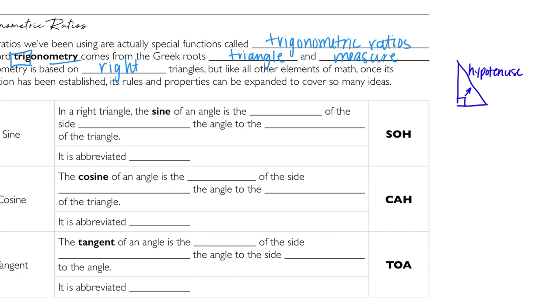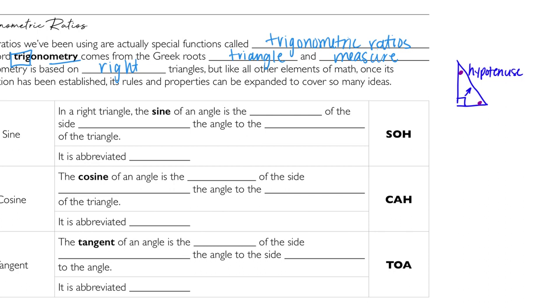It's the longest side of the triangle, and it's always across from the 90-degree angle. Then you have the other two angles inside the triangle, and those two angles are going to be smaller than 90 degrees, but they add up to 90 degrees because all three angles would add up to 180. So one of them is 90, and the other two combined with the 90 will equal 180.